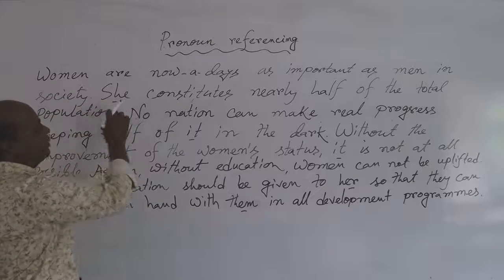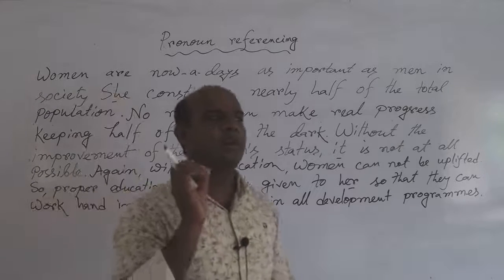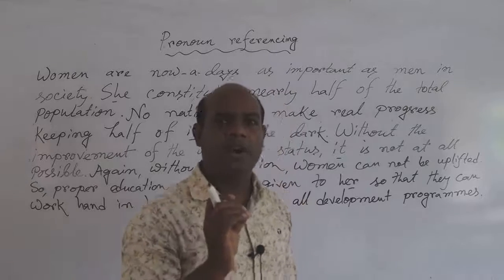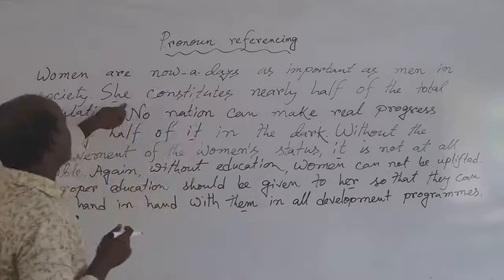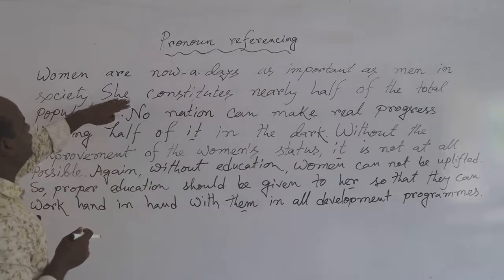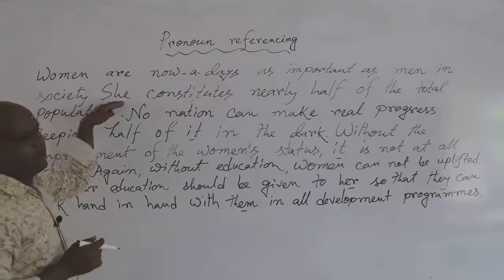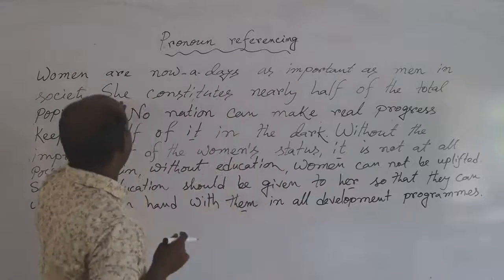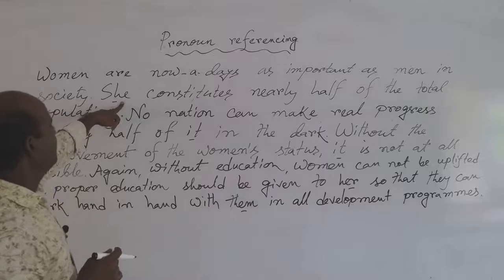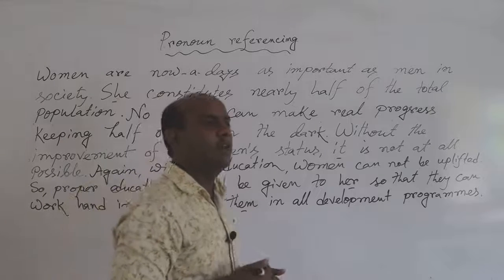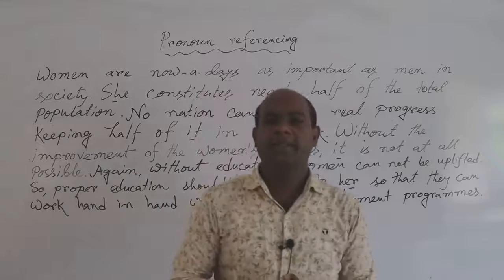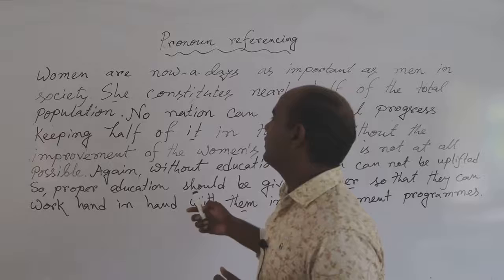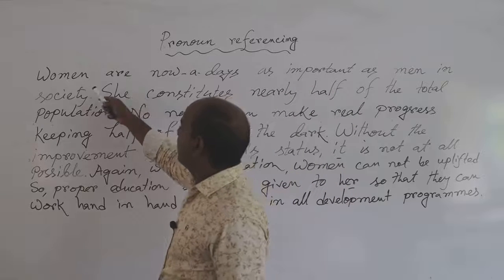She is used for singular for girls or women. If she is right, then you should not correct the pronoun. But if she is wrong or unclear, then you have to clear this pronoun.